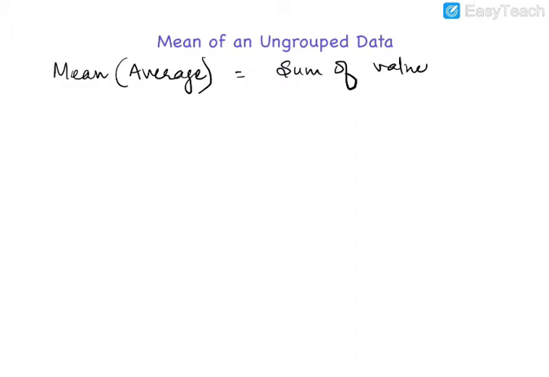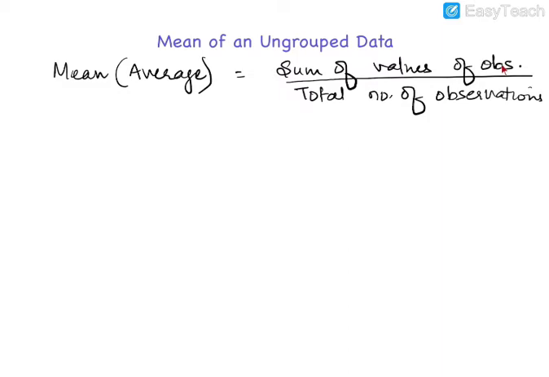Let's start by recalling the formula to find mean of an ungrouped data. We have studied that mean, which is also called as average, is given by the sum of values of observations divided by total number of observations. Observation stands for the numbers given in the data.